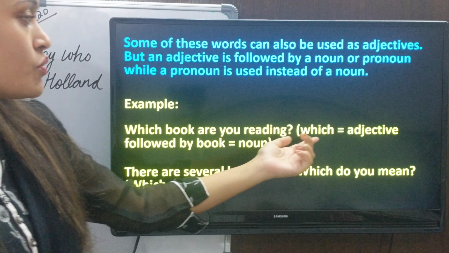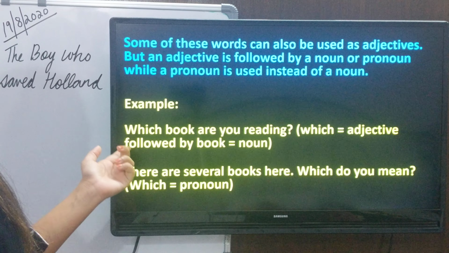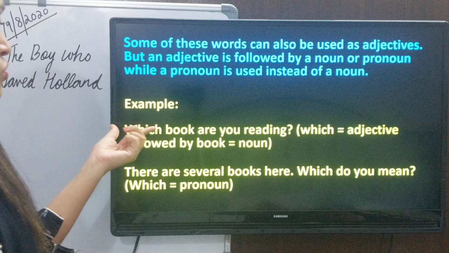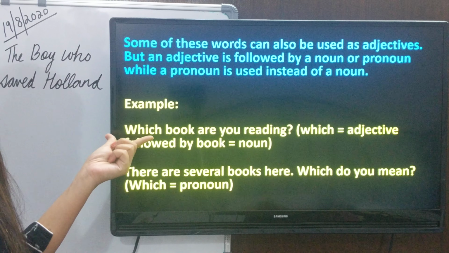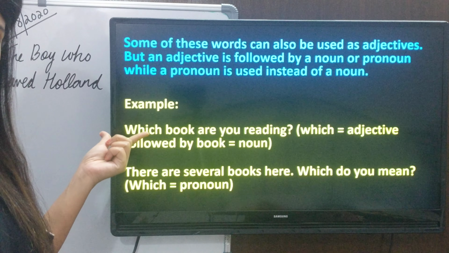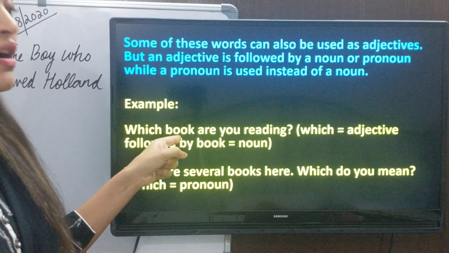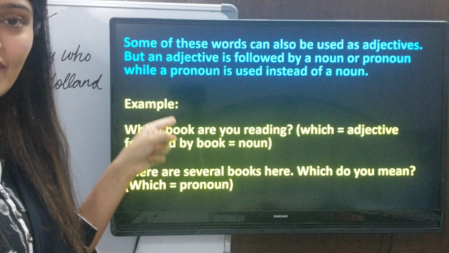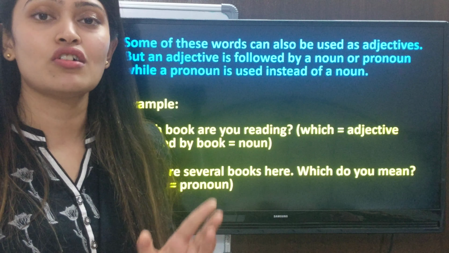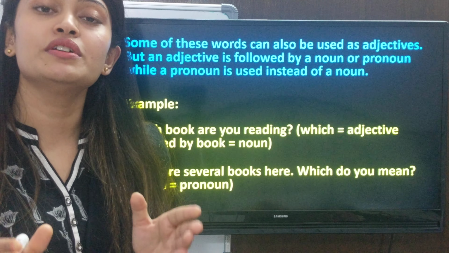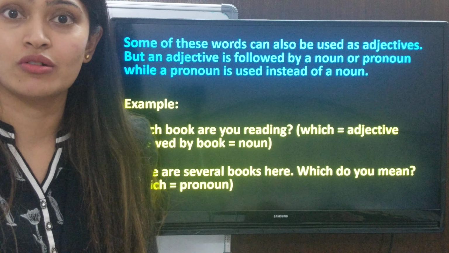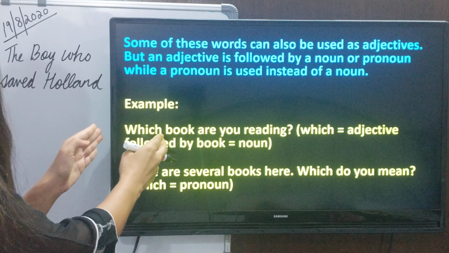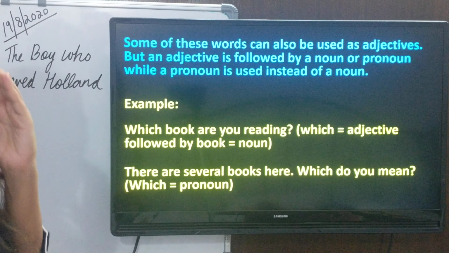Here which is an adjective followed by the noun book. It is not a pronoun, because it is followed by a noun. In the case of a pronoun, you will place it in the position of the noun, not before the noun. I hope that is quite clear, children.